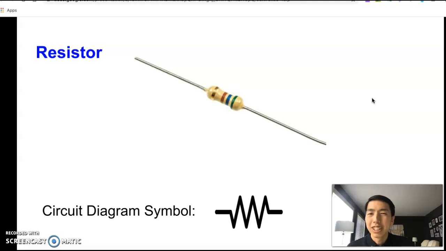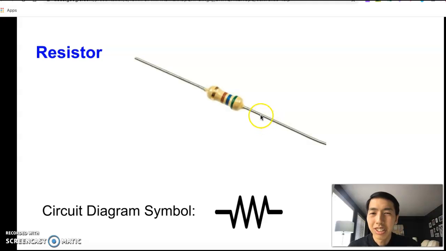And then we have resistors. So I talked about what a resistor was in the last video. This is a really close-up view of an actual resistor. They're really small in real life. They've got colorful bands on them, and the colors and the order of the colors represent how much resistance they offer to the circuit.